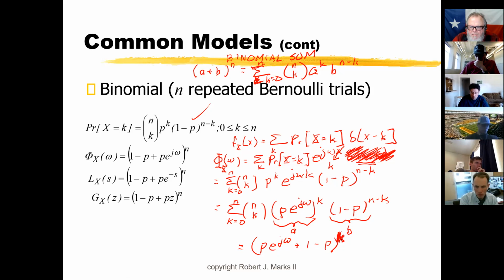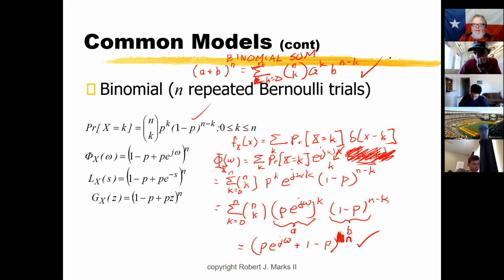The nth power. So this is a special manifestation of this binomial sum that we have here at the top, which is applicable for all values of A and B.